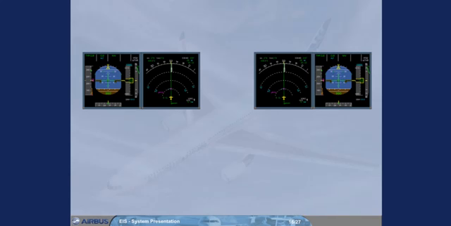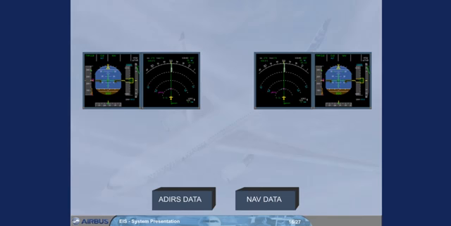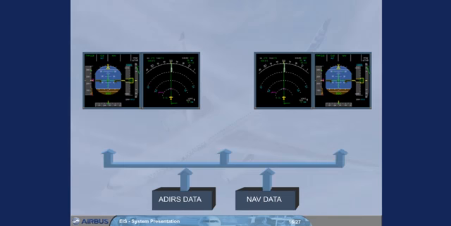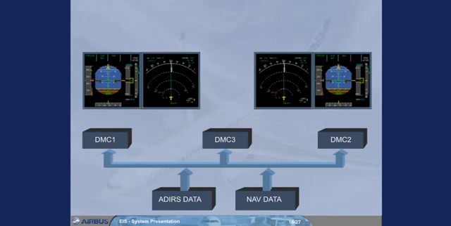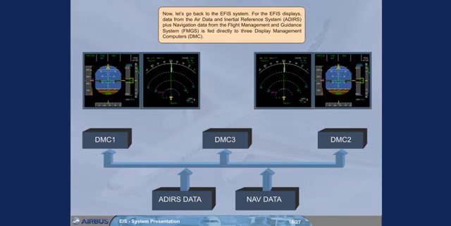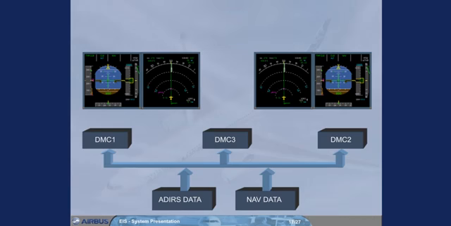Now, let's go back to the EFIS system. For the EFIS displays, data from the Air Data and Inertial Reference System, ADIRS, plus navigation data from the Flight Management and Guidance System, FMGS, is fed directly to three display management computers, DMC. The three identical display management computers process the data and generate the images to be displayed.